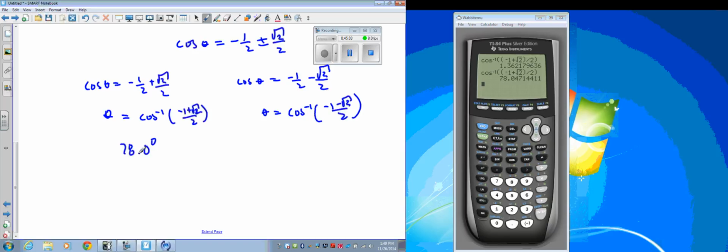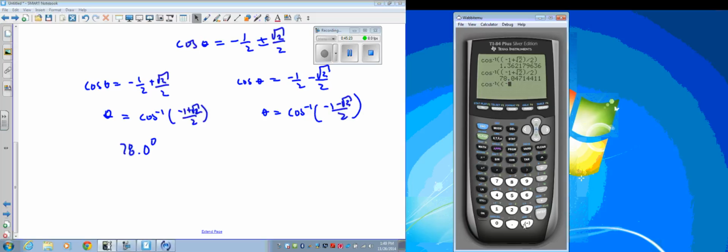Because it's a negative, no. But you said it came out undefined, huh? You change the plus to a minus. Cosine. Then you're going to have to bracket it again.